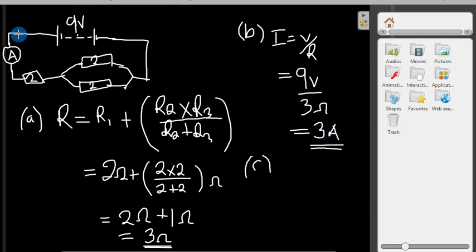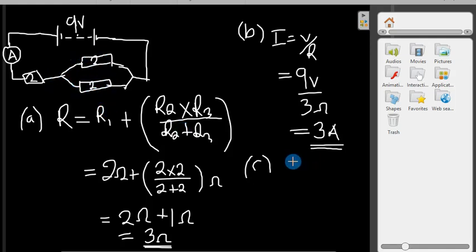As these 3 amps come, they pass through the 2 ohm resistor. It will still be 3 here, but when it reaches this junction, some of it will go through this one and some of it through this. Since these 2 resistors are equal in size, they will share this current equally. So there is no need for us to stress here.